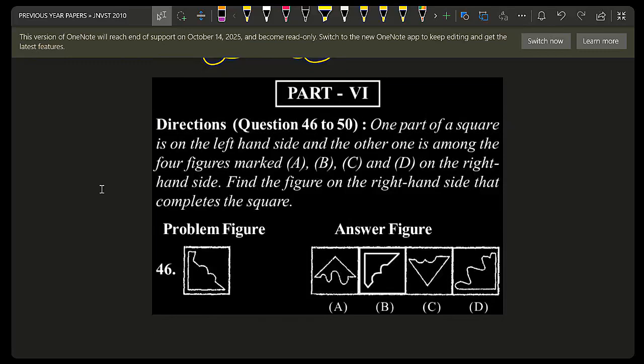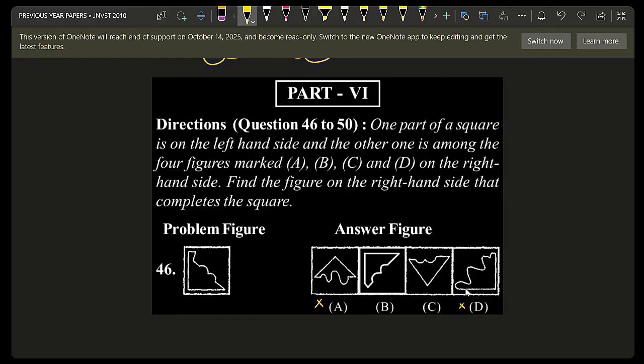Find the figure on the right hand side that completes the square. So, which figure is matching here to complete the square? Option A does not fit. Option B, yeah, it may fit. Let us take it later. And option D is wrong. Clearly, option A is wrong and option D is wrong.